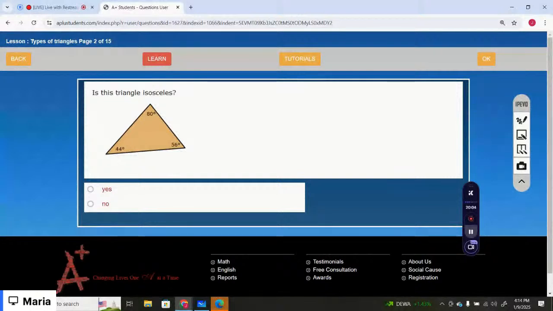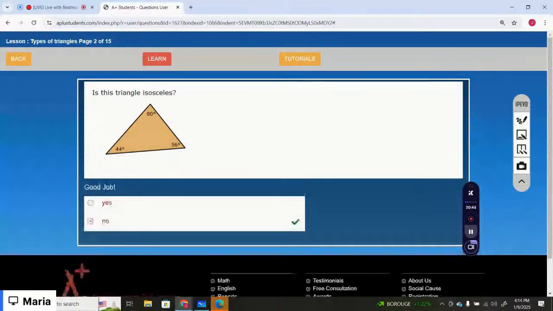Is this triangle isosceles? The correct option is no, that is not the isosceles triangle.